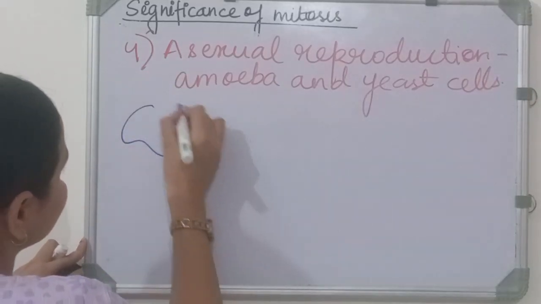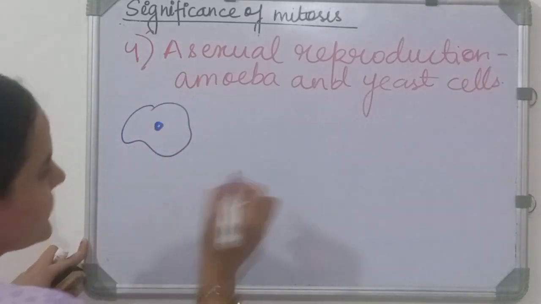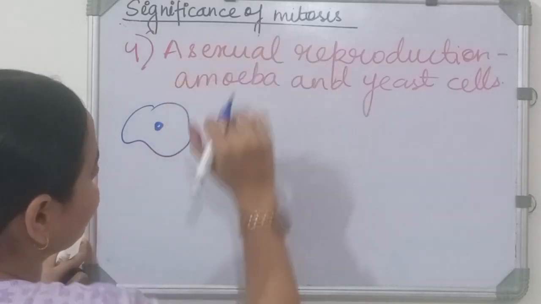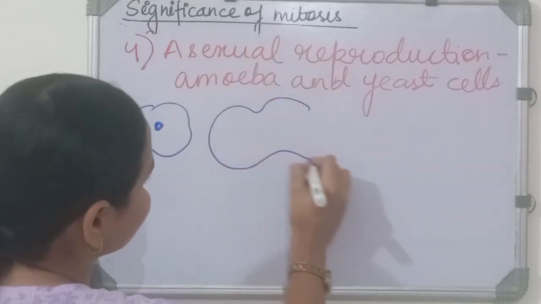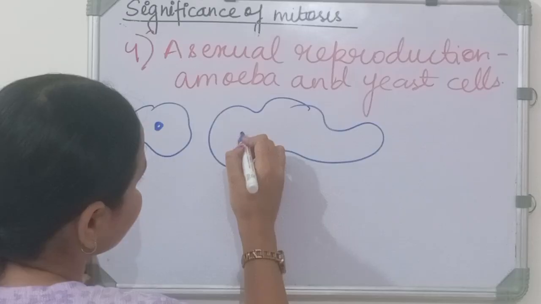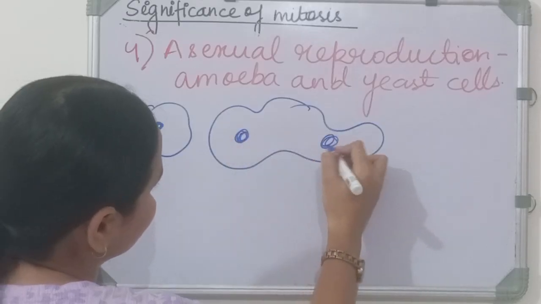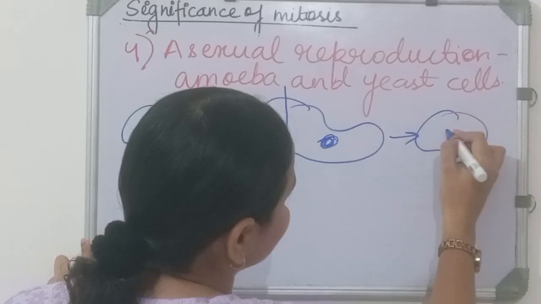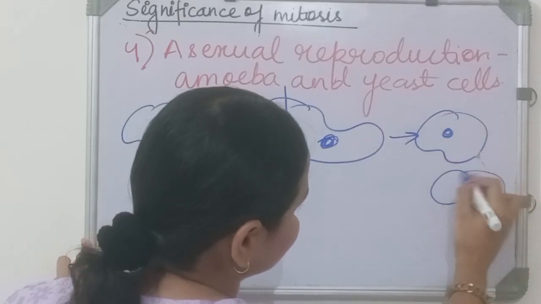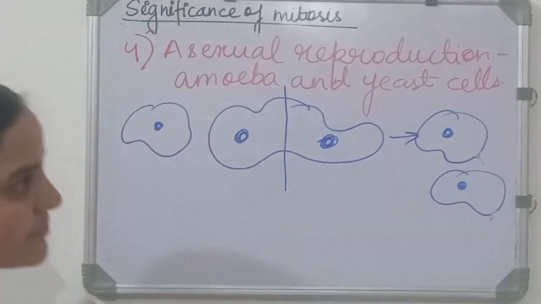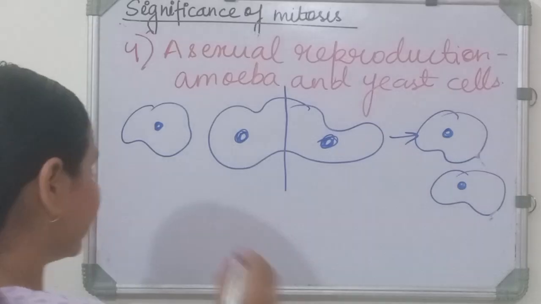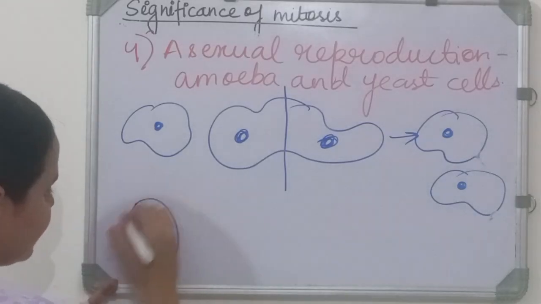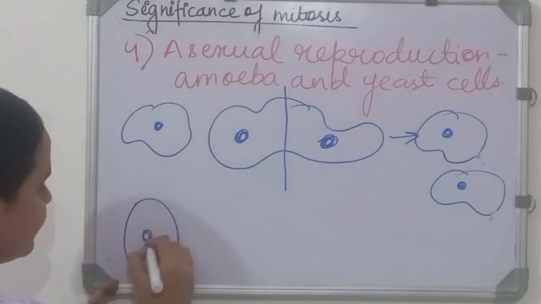This is our amoeba cell, and this is its nucleus. Because of mitosis, it grows like this, and from here it divides into two amoeba cells. Now in case of yeast cell, this is our yeast cell and this is its nucleus.